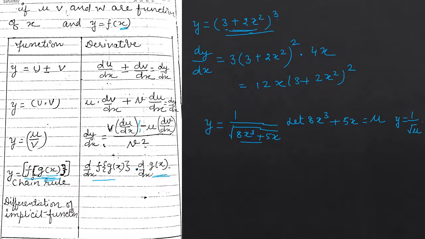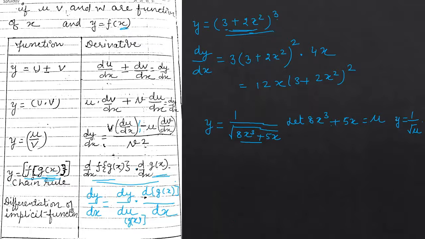Okay, we can write another form of this chain rule. That means if we have to calculate dy by dx, then this will be equal to dy by du, if we let this function u, or in this case g(x), into the differentiation of g(x) with respect to x.